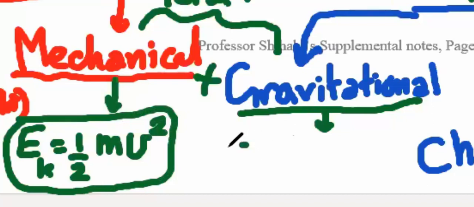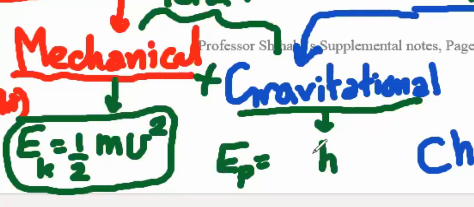We know gravitational potential energy is energy stored in the object due to its elevation, due to its height. So one important factor is the height, right? The further you raise the object, the more it will be able to do work when you release it.